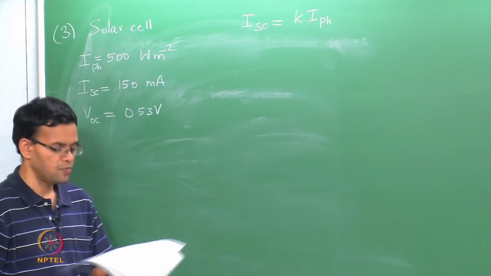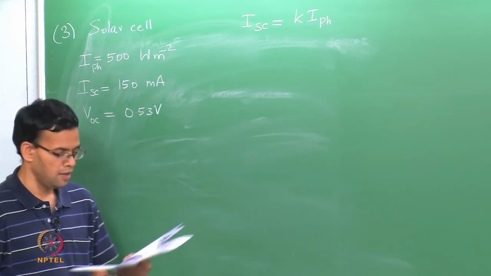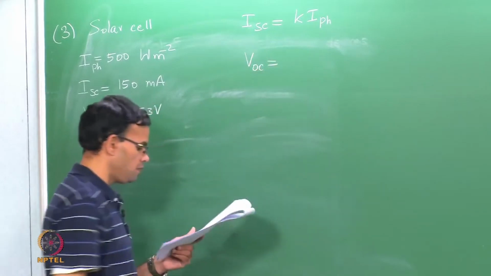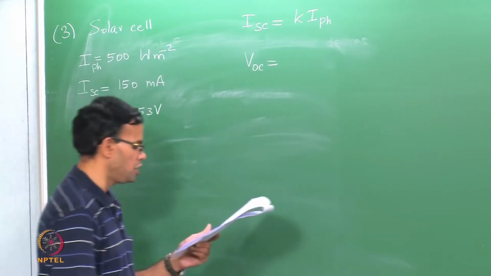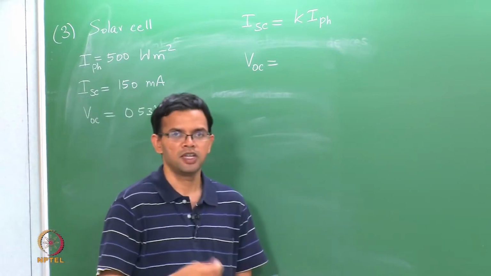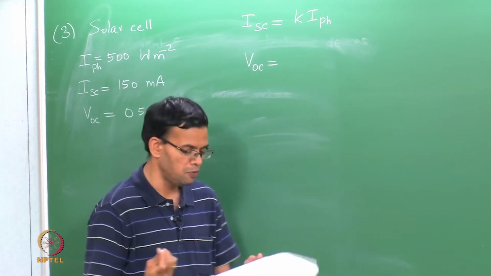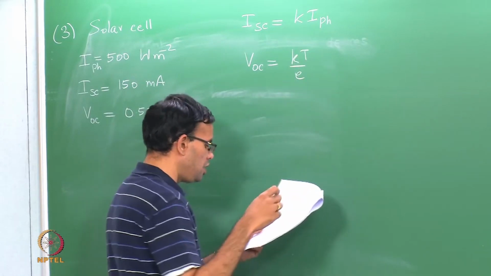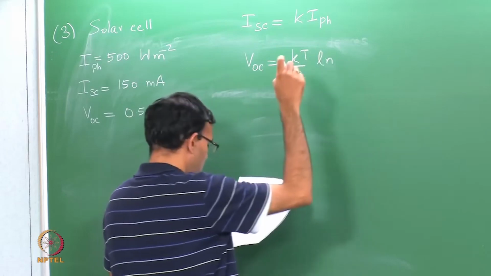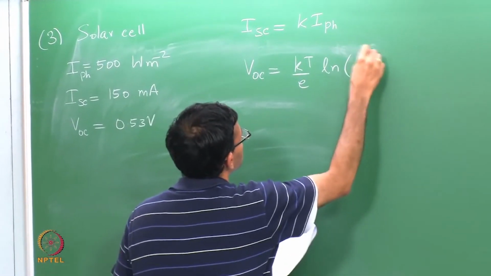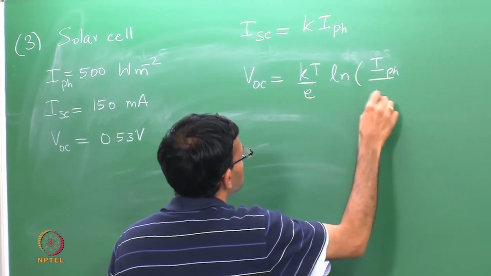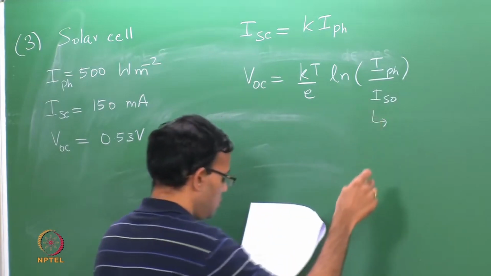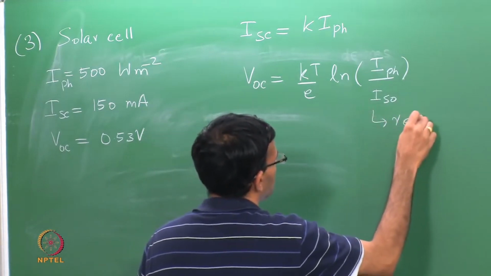So, ISC is essentially some constant k times IPH. VOC, which is your open circuit voltage, is the voltage when the current through the system is essentially 0, and is equal to kT over e times ln of IPH by IS naught, where IS naught is your reverse saturation current.